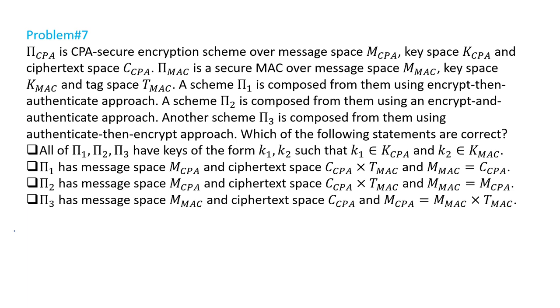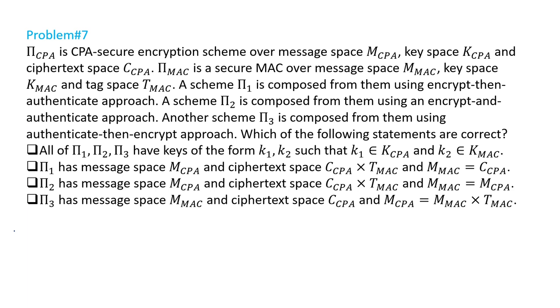Pi CPA is a CPA secure encryption scheme over message space M CPA, key space K CPA and ciphertext space C CPA, and pi MAC is a secure MAC over message space M MAC, key space K MAC and tag space T MAC. A scheme pi 1 is composed from them using the encrypt then authenticate approach.